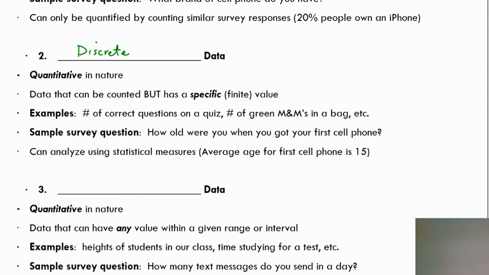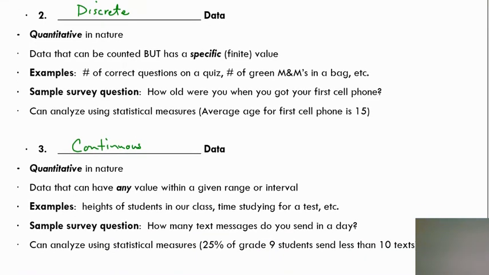Okay, the next one is opposite to discrete, it's continuous. And continuous data has those in-between numbers. So data that can have any value within a given range or interval. For example, heights of students in a class or studying time for a test.